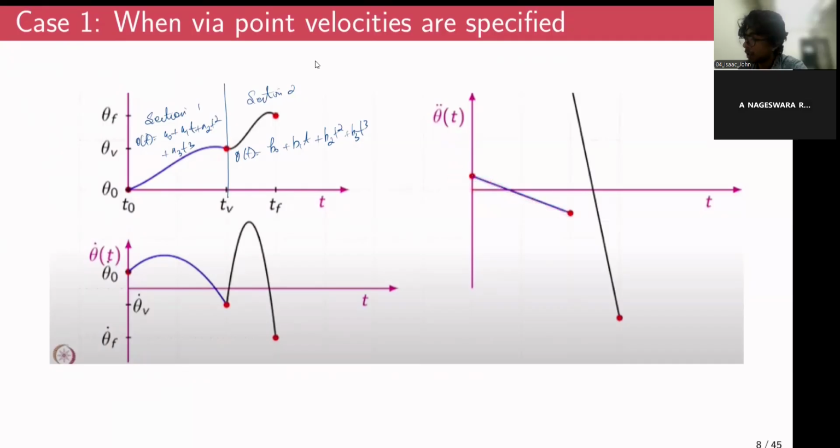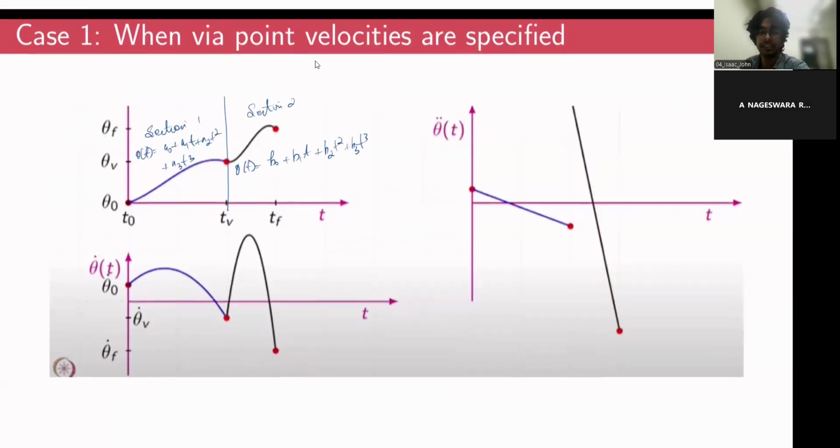And for the second part, you will also have a linear segment, but now you will have a different offset because this is an entirely independent trajectory. And at the via point, you can actually see that there is a discontinuity in acceleration. From this point, you will have a sudden jump to a higher value, then it linearly decreases to the final value.